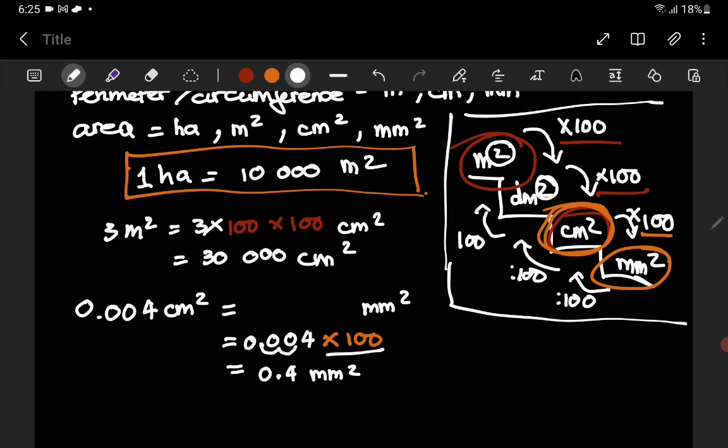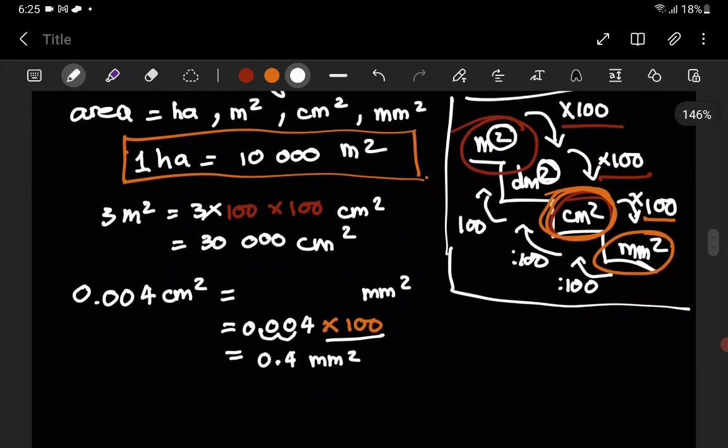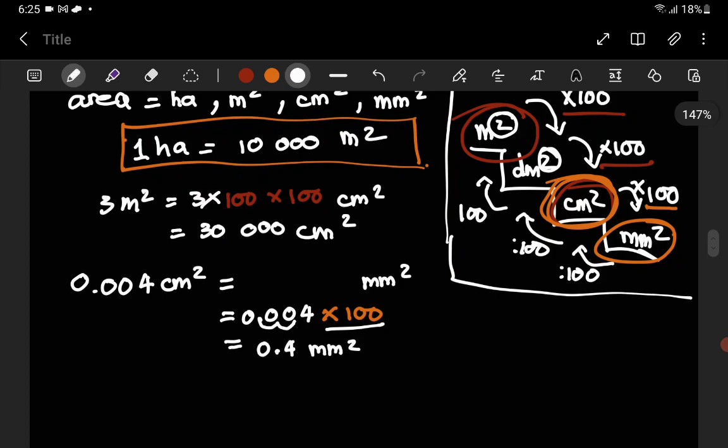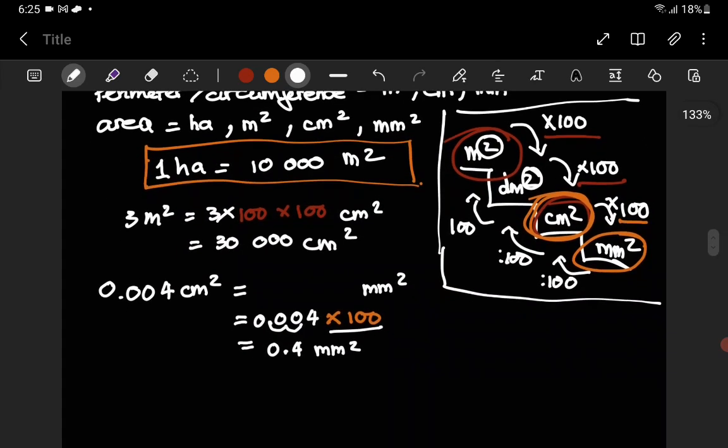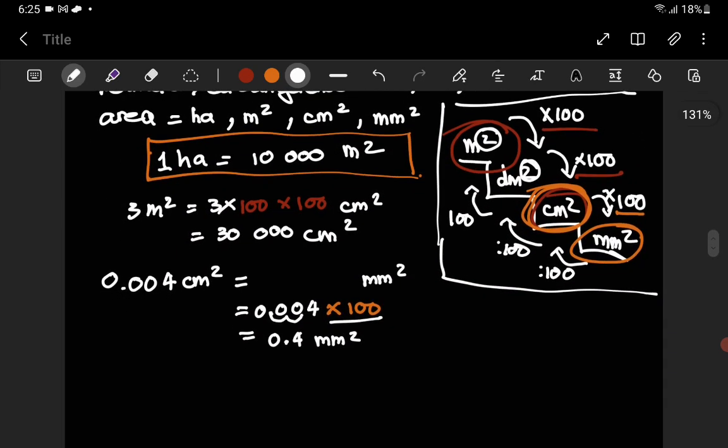One more example. It's not about going down now, it's about going up. Let's say I have 300 centimeter square and I want to convert it into meter square.